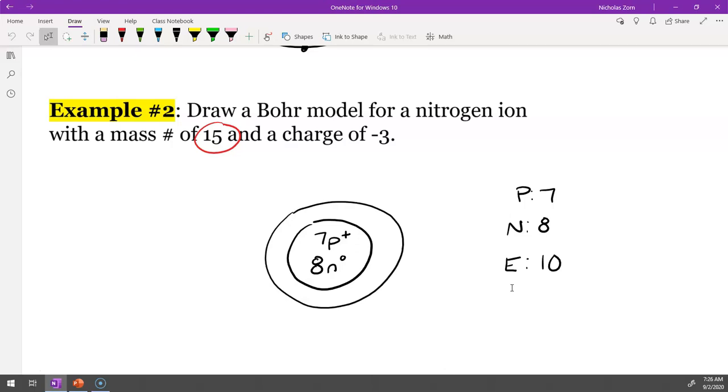The first one holds 2. The second one holds 8. All right, and we have found homes for all of those electrons. So we are done with this model here.